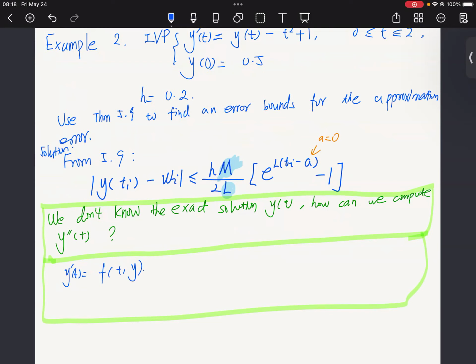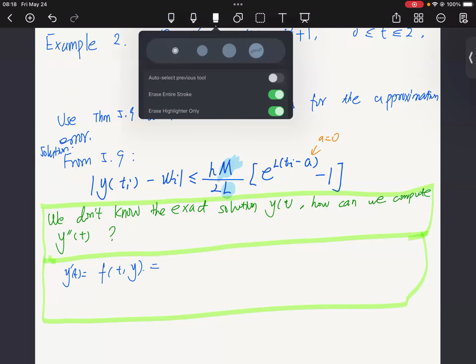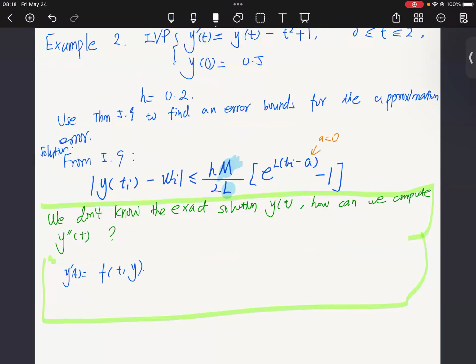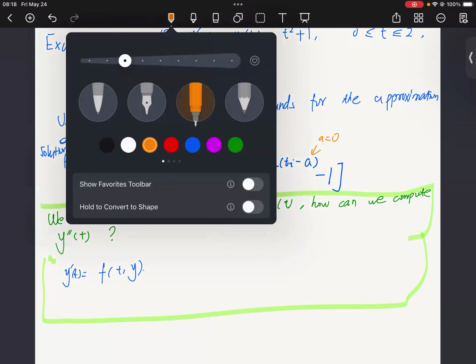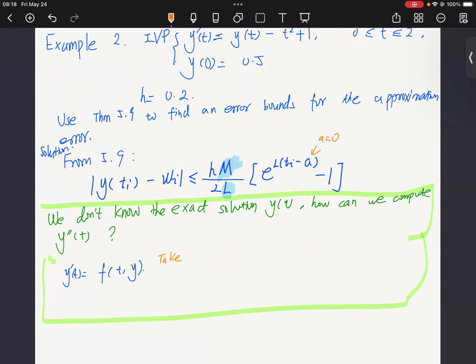And from this, you are going to take the derivative on both sides. Let's take the derivative with respect to the time t on both sides, and you will get this.